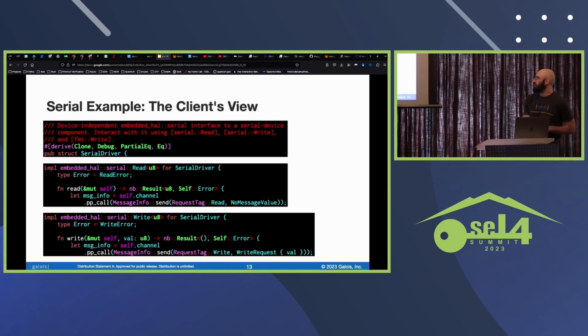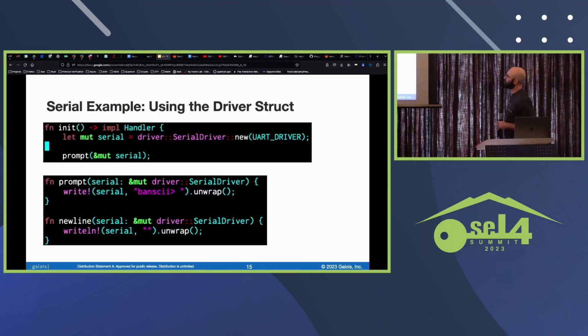And then when you actually go to use it in the client, this particular client maybe does some more stuff. It's not just a client that instantiates a serial driver. It probably does some stuff with it, right? But as far as the serial driver is concerned, this is all it needs to do.